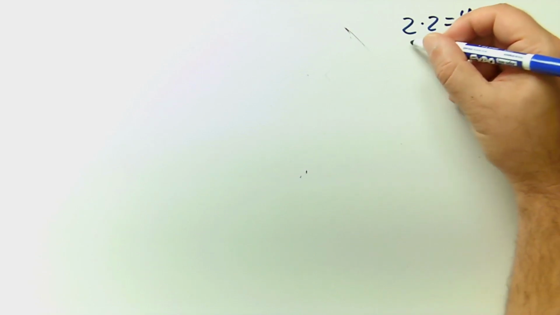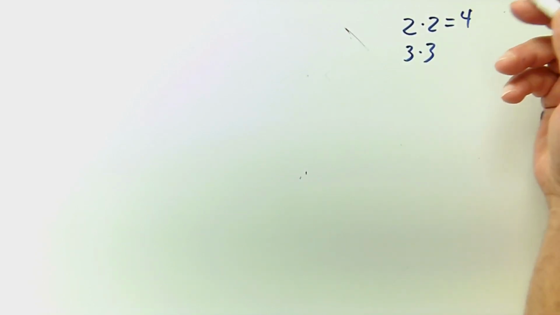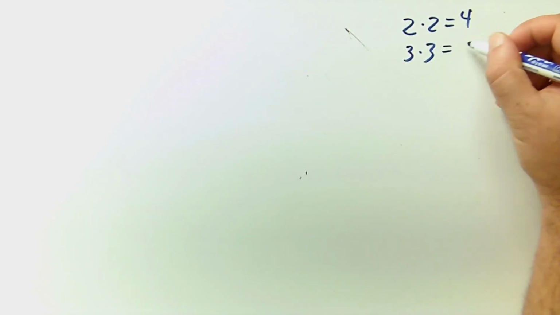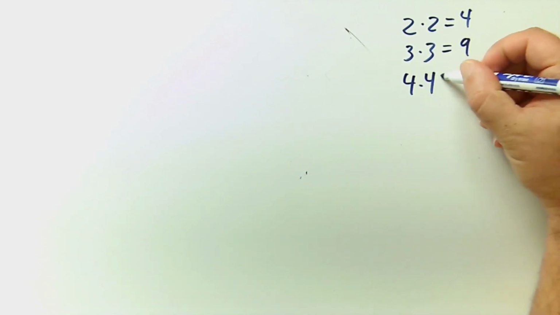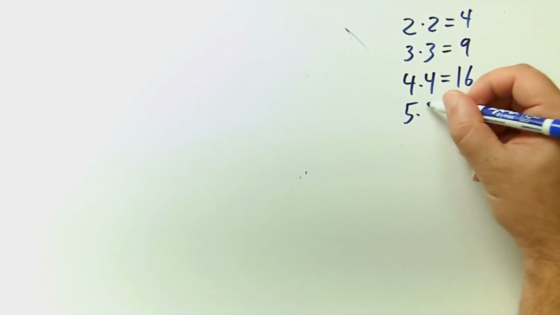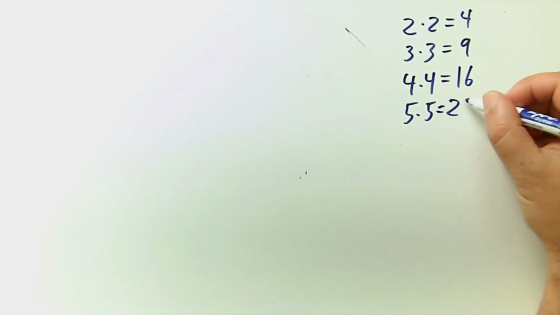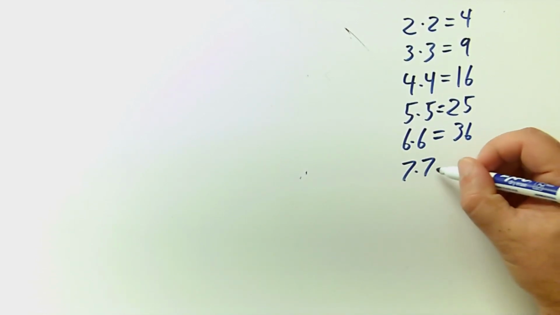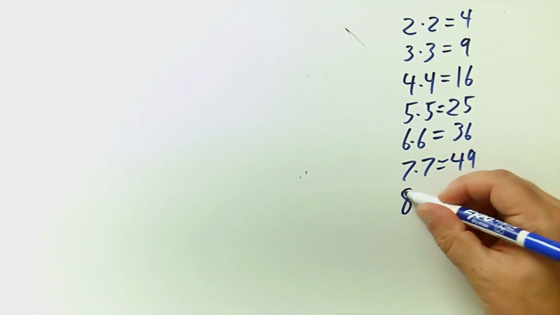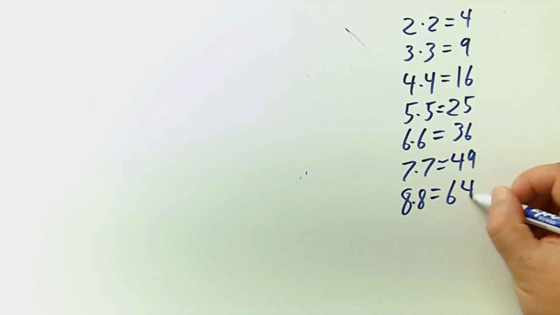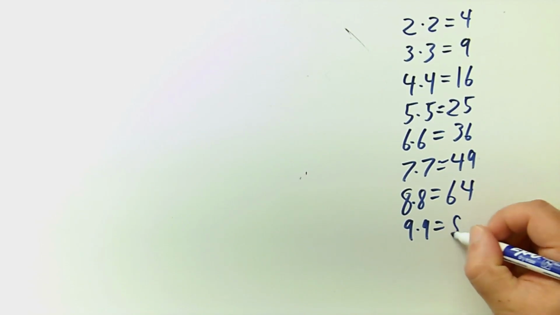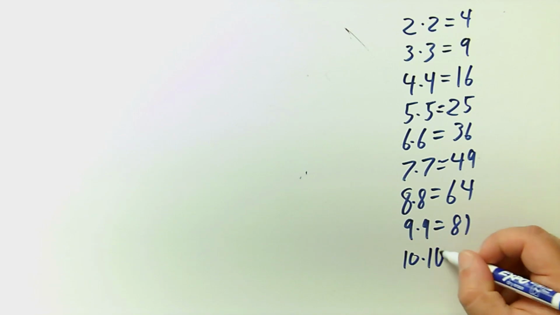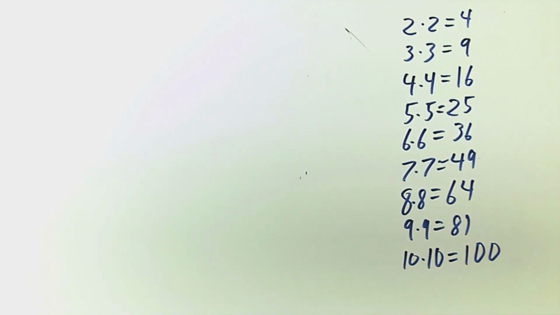So the perfect square numbers are calculated by multiplying 2 by 2 together, then 3 by 3, which is 9, 4 by 4, which is 16, 5 by 5 is 25, 6 by 6, 36, 7 by 7, 49, 8 by 8 is 64, 9 times 9 is 81, and 10 times 10 equals 100.